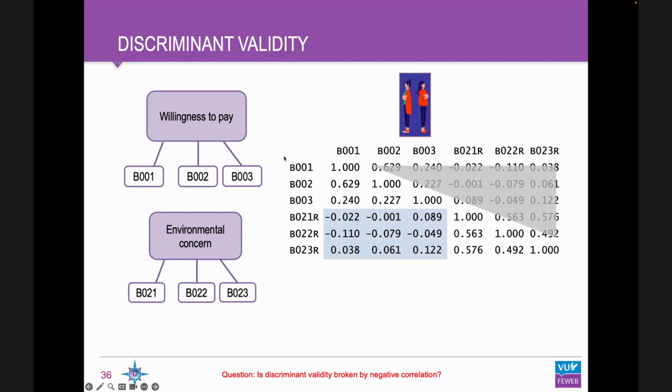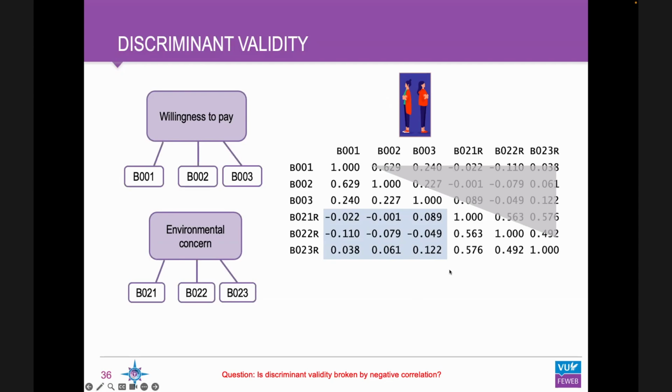So if the item of one construct is related to the others, and we want it to be not related, so we seek low correlations to establish discriminant validity. And in this case, we look at these cross correlations, so the items of environmental concern to items of willingness to pay. So this is important to understand.